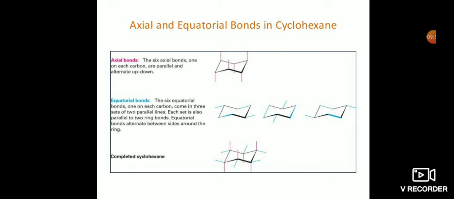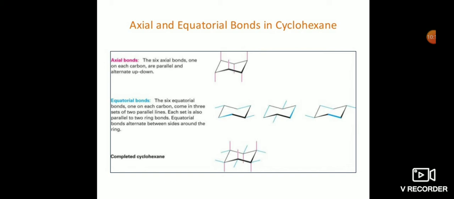Then on the number 2 carbon, the axial bond you can see in the downward direction. Then on the third position it is upside. Then in the fourth position it is downside. So this way you can see there are all axial and equatorial bonds.